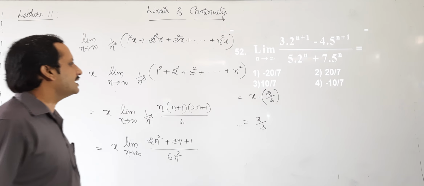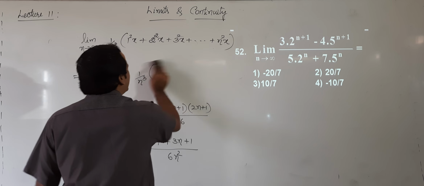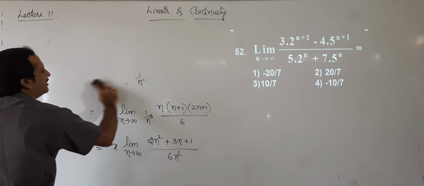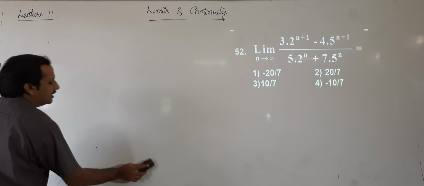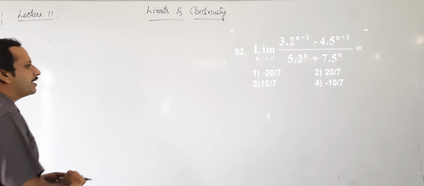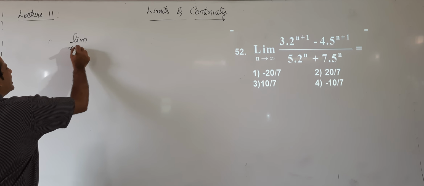Next, 52nd question. Limit n tends to infinity 3 into 2 power n plus 1 minus 4 into 5 power n plus 1 divided by 5 into 2 power n plus 7 into 5 power n is equal to. So limit n tends to infinity.